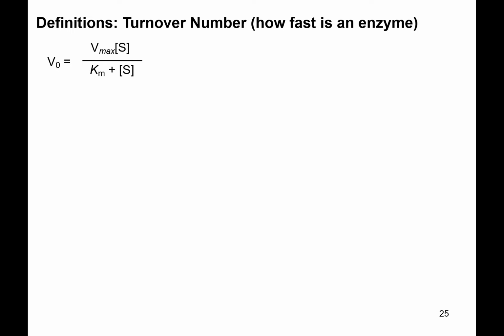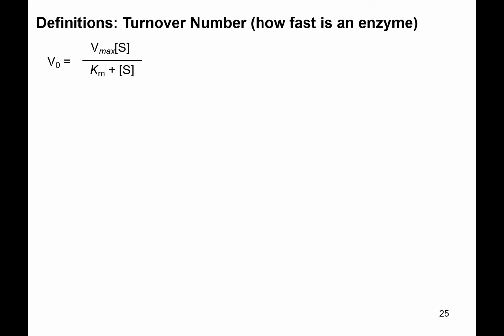But the Km value by itself doesn't necessarily tell you anything about the binding of the substrate to the enzyme, because you do have that K2 term in there as well, which is how fast that enzyme substrate complex makes the product. So that also factors in there.